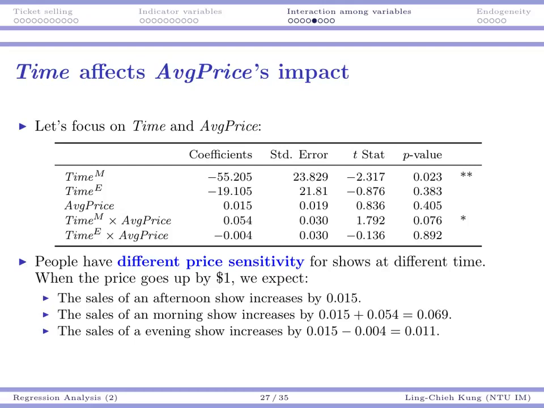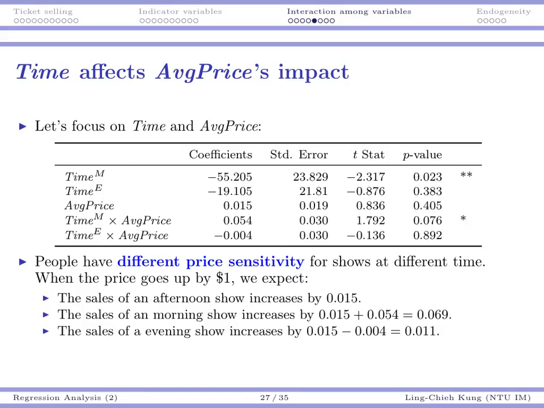On the other hand, if this is a morning show, then time M is 1 and time E is 0. So we don't have the second variable, but we have the first one. And then the impact of price would be the sum of these two coefficients, and it gets to around 0.069. So that means this number is different from 0.015, and also the difference is significant.